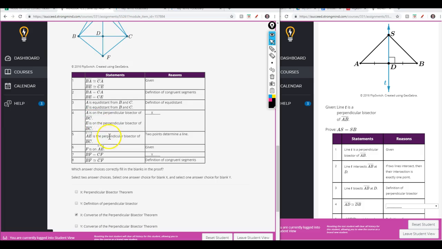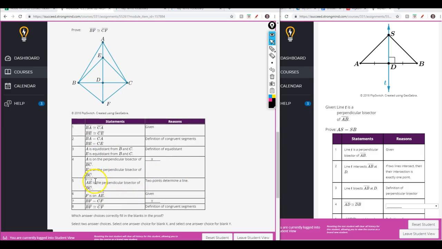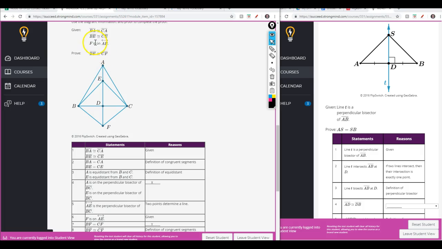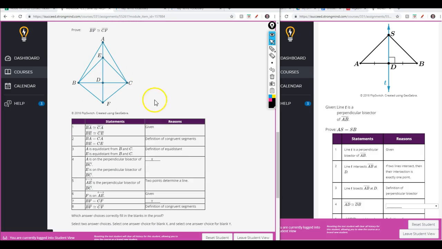Now it is stating that F is on the line AE. That is given. Yes, it's given right there up at the top. And it's saying that BF is equal to CF. So it's saying that BF is going to be the same as CF right here.